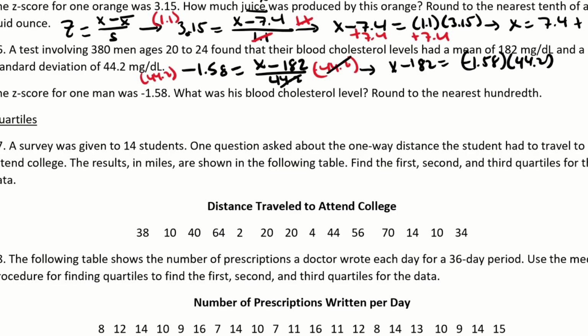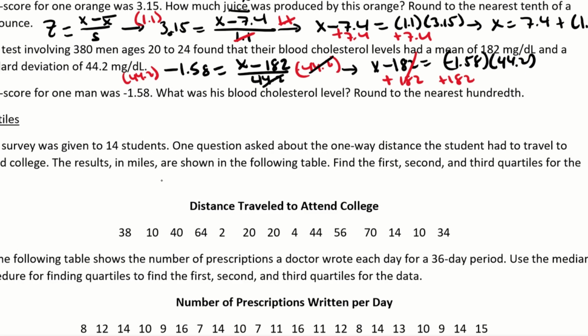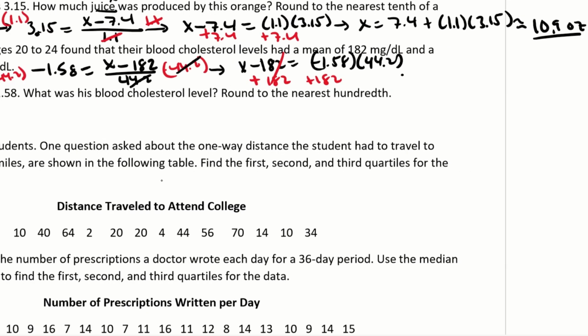Then we're going to add the 182 to both sides. So x equals 182 plus this. And then we're going to do the calculation.